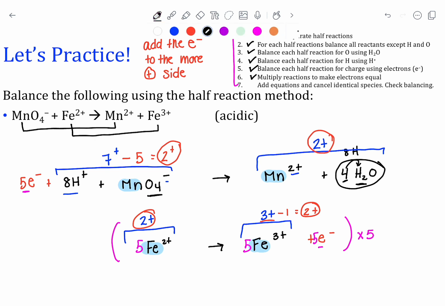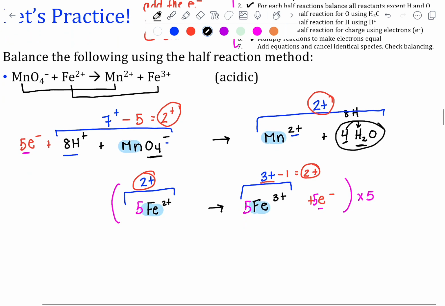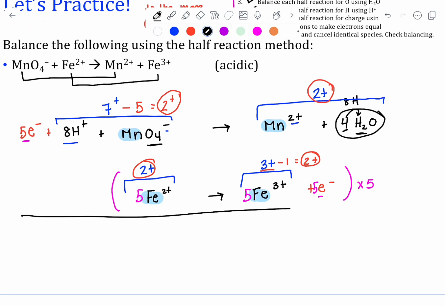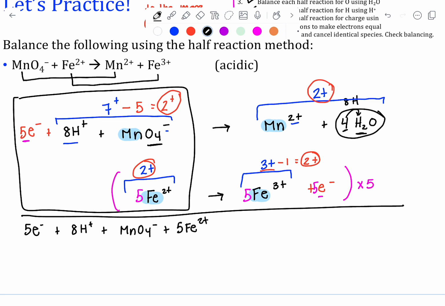Our final step is to add our equations and cancel our identical species. So we are going to add these up. We have 5 electrons plus 8 hydrogens plus MnO4 minus plus 5 iron, 2 plus. So I just added up everything on this side of my arrows in both of those reactions.